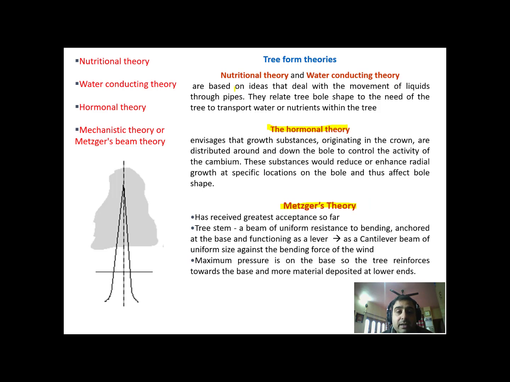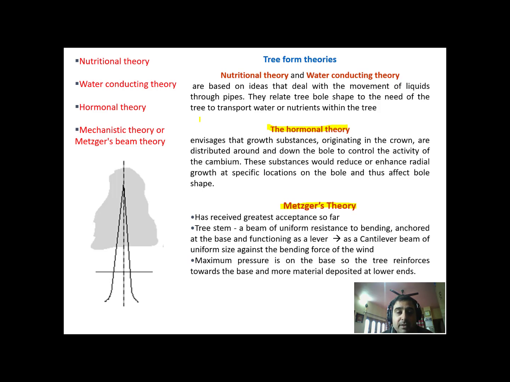The nutritional theory believes that the tree has to conduct water and minerals and take them to the upper portions of the tree. So at the base it has to be huge, to serve water and nutrients to the whole tree above.